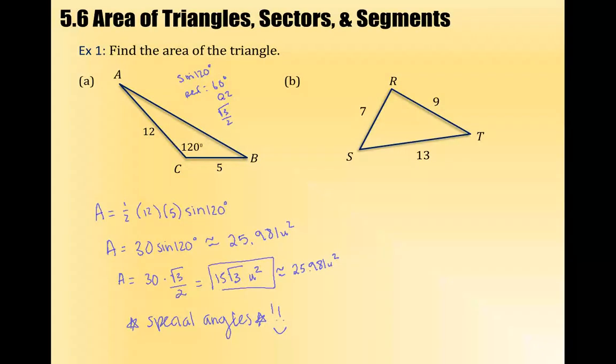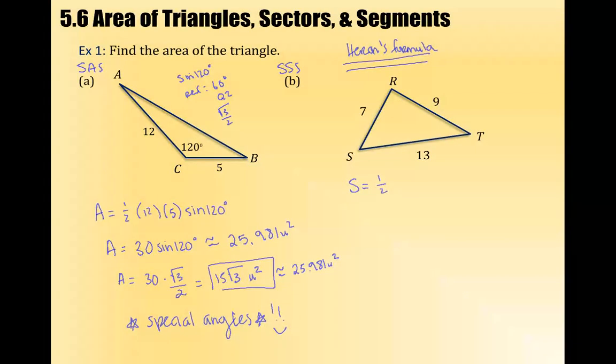Okay. So in this second one, like this one was an example of side, angle, side. This one is an example of side, side, side. I've got all three sides. So the more appropriate formula, if I wanted to get my direct answer, is Heron's formula, which hopefully you wrote down from the last slide. So I want to find the semi-perimeter.